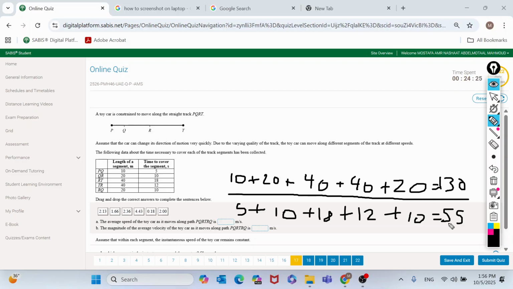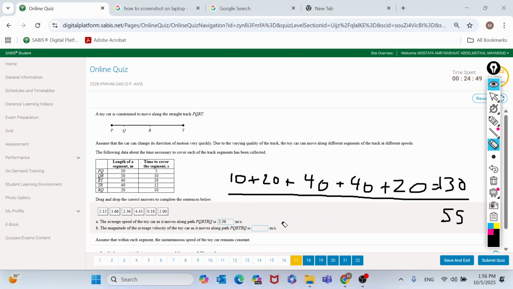So 130 over 55 is 2.363, so 2.36. The magnitude of average velocity, so it's displacement over time.